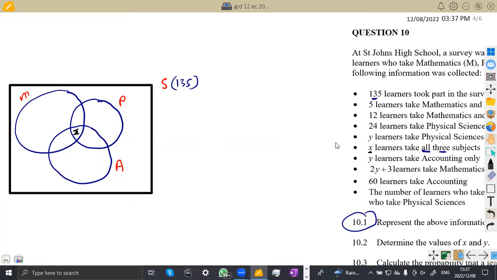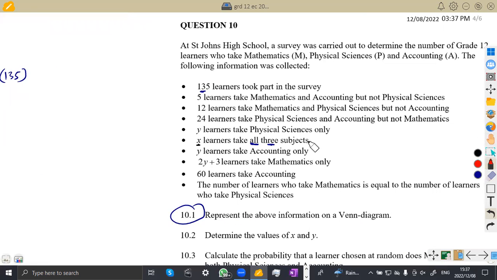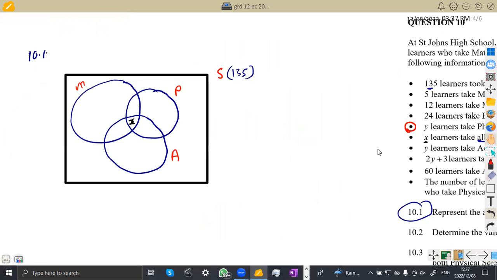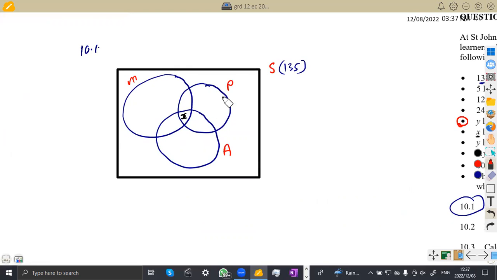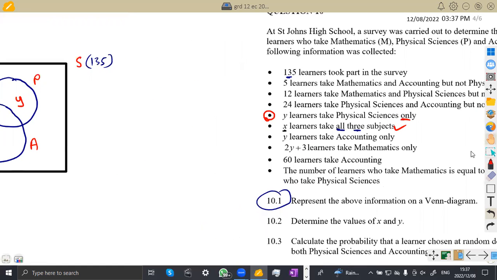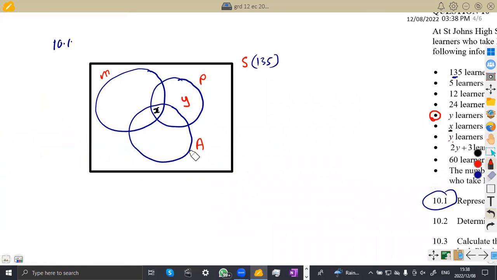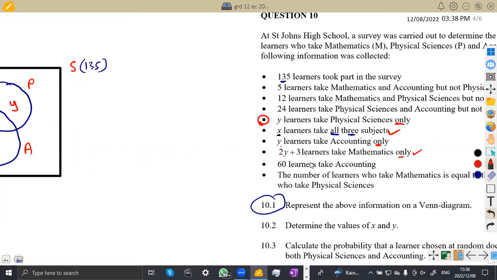Then let's deal with the only regions. We have Y learners who take physical sciences only, so in place of P only, there is a Y. Another only: Y learners take accounting only, so accounting also has Y. Then we have another only here: 2Y plus 3 learners take mathematics only.